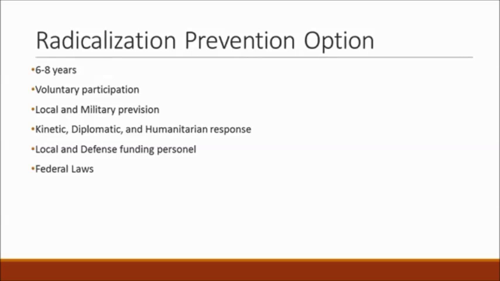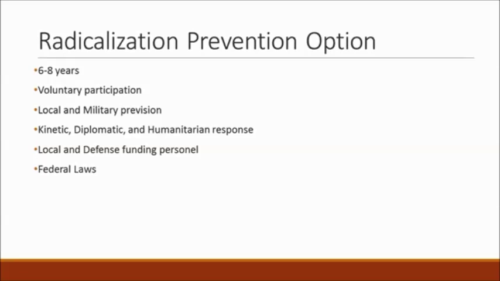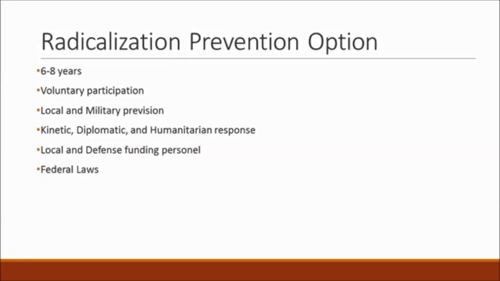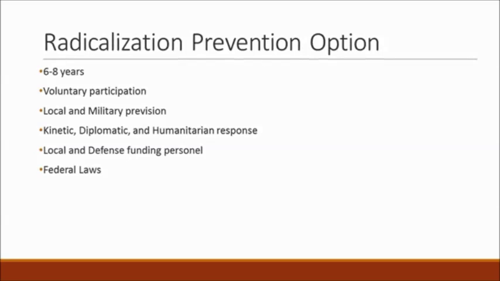These additional foreign area officers would be in place in heavier areas where we feel that radicalization is occurring at a higher rate amongst refugee populations. With the addition of these FAOs to the United States embassies, their focus would be extending influence throughout local populations in order to dissuade local groups from harboring radicalized ideologies towards the United States.